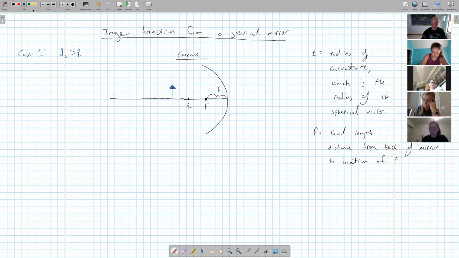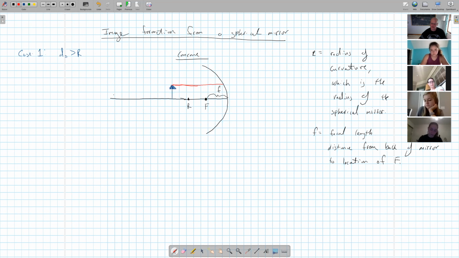Now, to determine the location at which this creates an image, we're going to draw typically 2 out of 3 principal rays. You don't have to draw all 3; typically 2 of them will be sufficient. So what are our principal rays? Ray number 1 is the ray which I'm going to draw from the tip of the object, parallel to the principal axis.